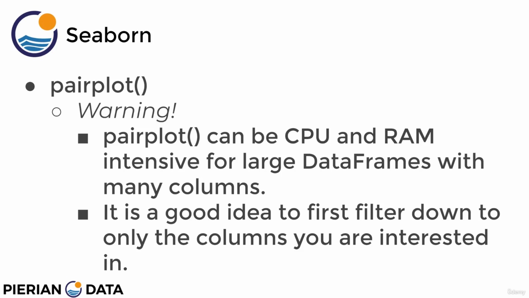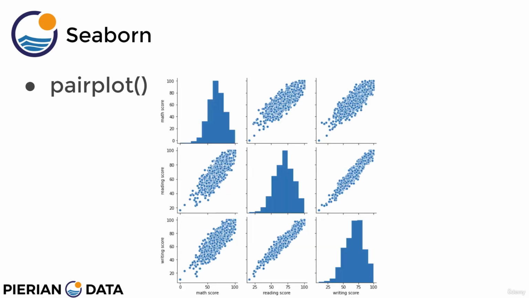So let's actually explore what the pair plot looks like. By default, the pair plot is going to look like this. Notice here, I went ahead and filtered down to just the score columns from that student performance data set. So I have the math score, the reading score, and the writing score. Along the diagonal, we can see the actual histogram distribution for each of those individual score types.